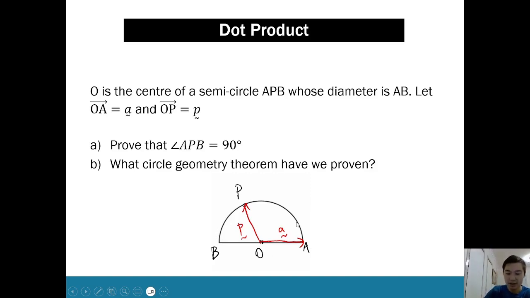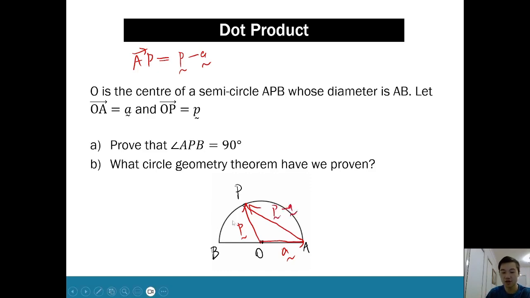So we can say that vector AP, using our knowledge of vector subtraction, is drawn from A pointing to P, so that's going to be p minus a.